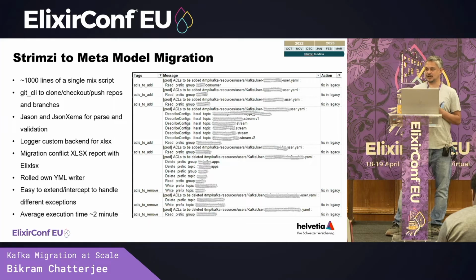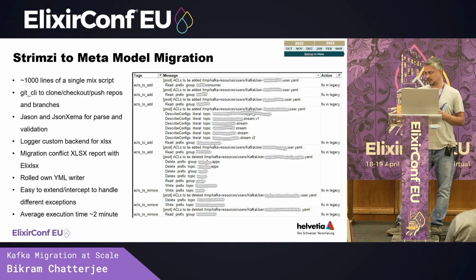During the migration, we ran into these conflicts that I talked about before. So here's an example of such a report that we created in the meantime, where the action says fix in legacy, which means this report is then analyzed by our Kafka experts. They find out how to define this correctly in the source, and then you run this migration again and generate another version of the report.